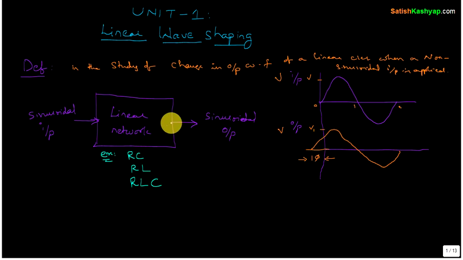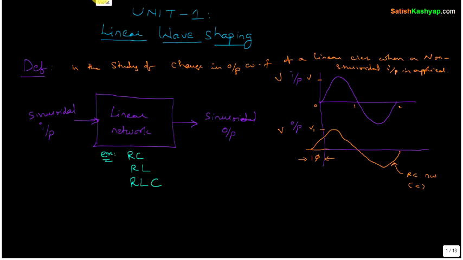Since it is a capacitive network, RC, this is the output for the RC network when it is taken across the capacitor. So if the output is taken across the capacitor, this type of waveform you may get.